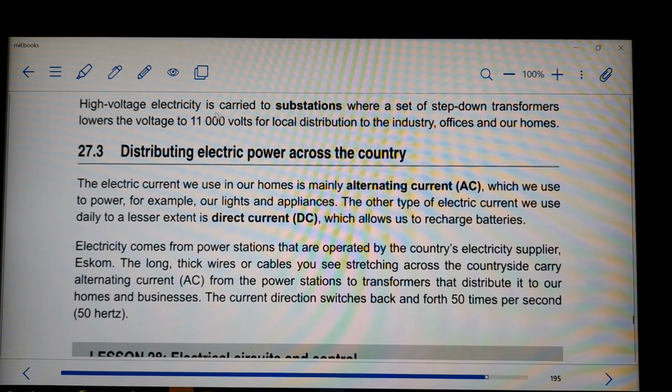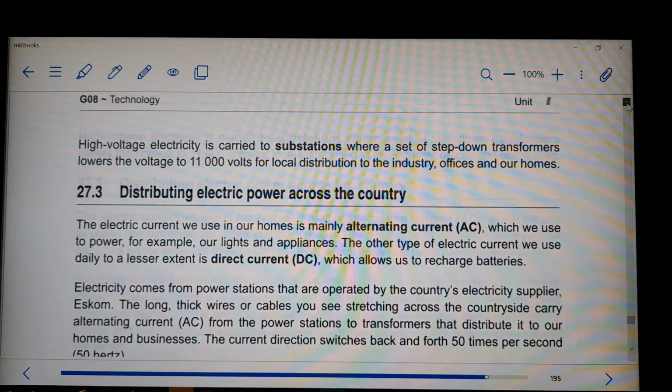High voltage electricity is carried to the substations where a set of step-down transformers lowers the voltage to a minimum of 11,000 volts for local distribution to industry, offices, and our homes.